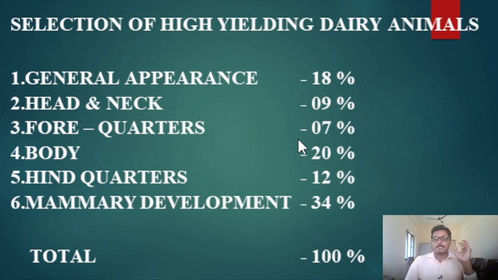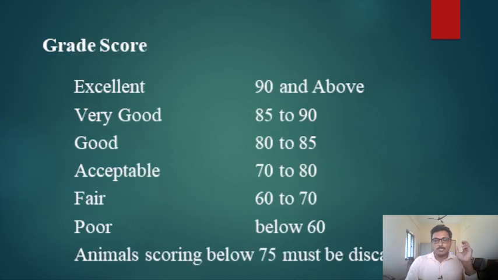From this 100% of marks, we have to see how many marks or how many points that animal got. For example, if that animal got 90 points or above, then it is an excellent animal. It will give high yield in the dairy, of course.